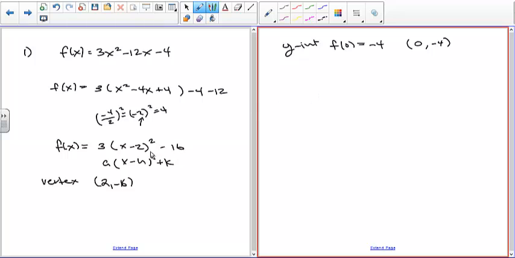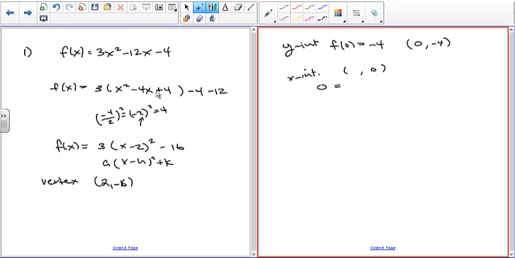The x-intercept, we can take the standard form and set that equal to 0, because what we're trying to do here is figure out the values of x such that the y value is 0. So what we want is some function, something comma 0.